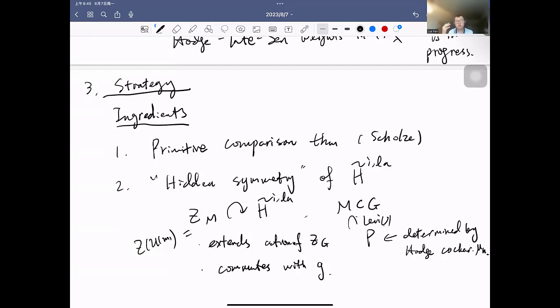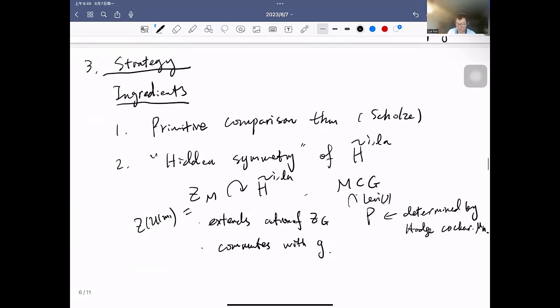So if you incorporate the Sen operator, you will get this extended action. But in general, the action of the Sen operator is not enough. What you really need to unlock this action is that it comes from a geometric Sen theory.